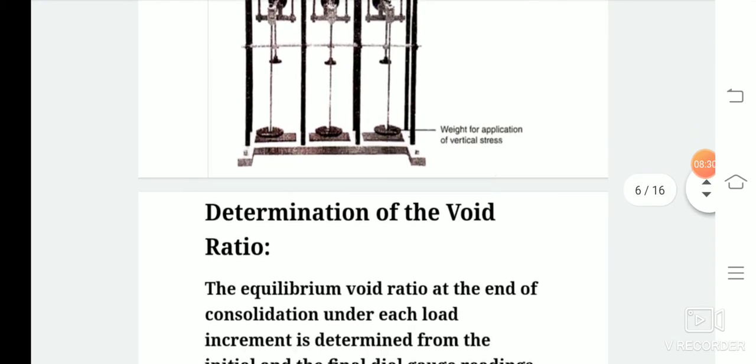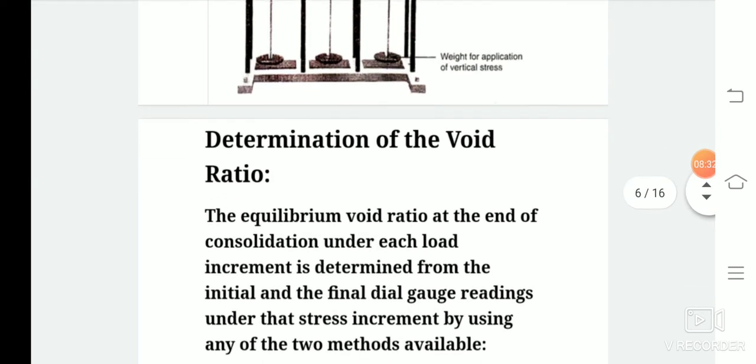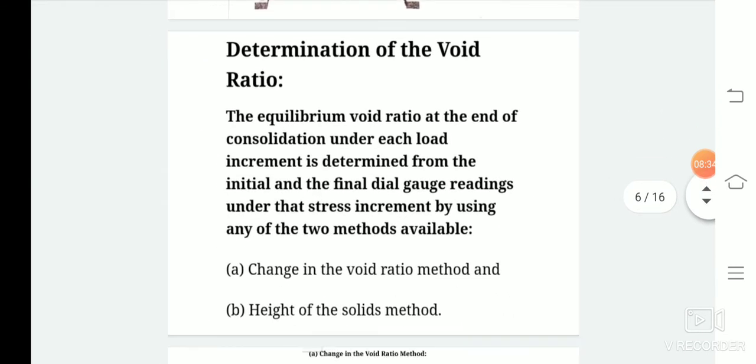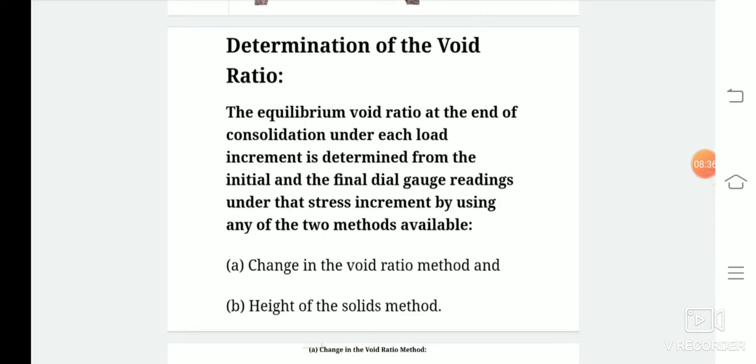So, what are the parameters that can be determined from this consolidation test? We can determine the coefficient of consolidation, or we can determine the void ratio from this test. So how to determine the void ratio?